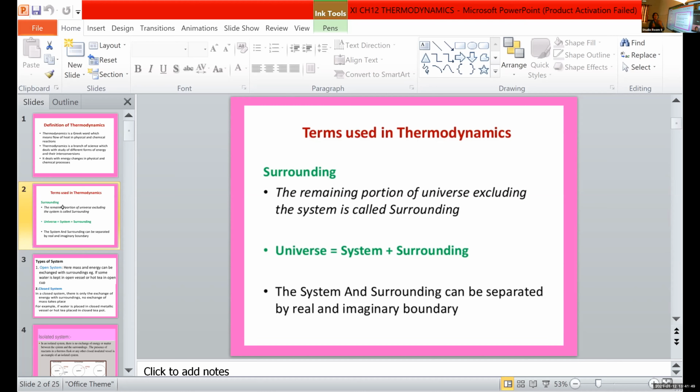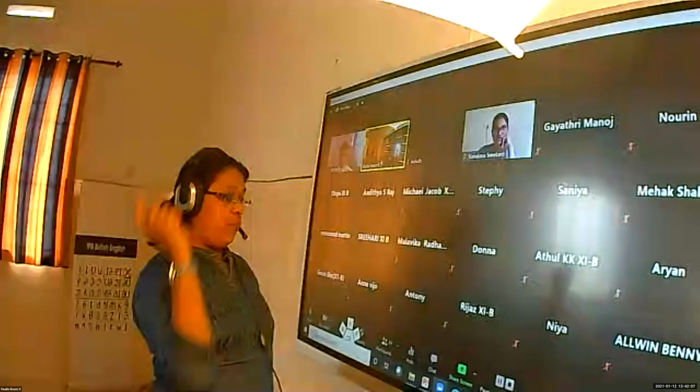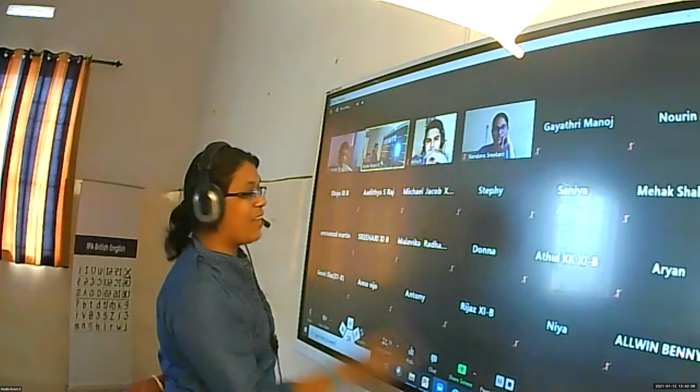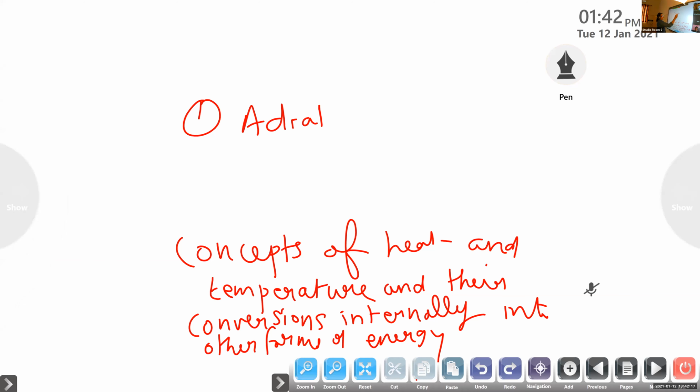That imaginary boundary we call an adiabatic wall, and another one we call a diathermic wall. We'll come to that point. Whenever we discuss, we separate the system and surrounding with a particular imaginary boundary, one of which is known as the adiabatic wall.